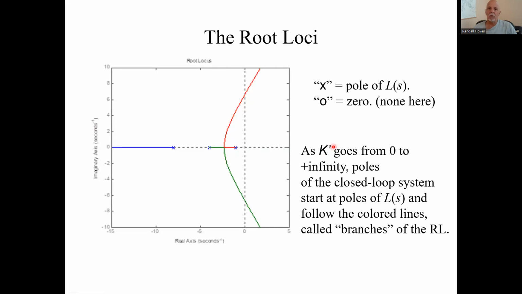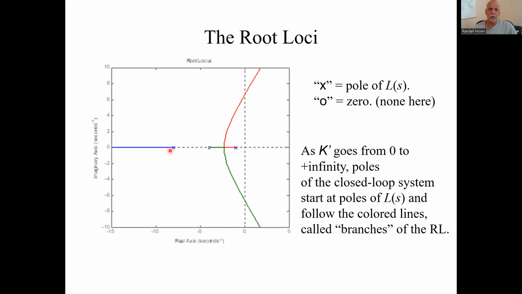As this K prime increases, closed loop poles move along these colored lines. And watch what we learn. So it starts out, here's your dominant poles, two real poles, or two poles on the real axis. So it's going to start out acting like an overdamped second order system.